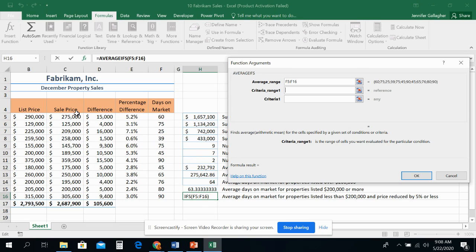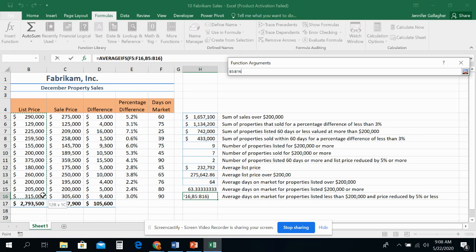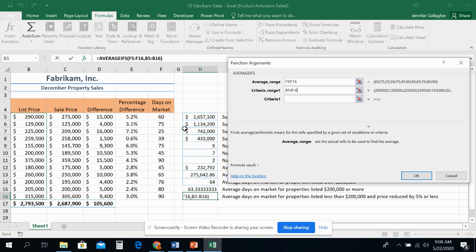So my criteria range is the list price. Remember, range is range. So you have to have a beginning cell and an end cell and a colon in between. And what is my criteria? I am looking for my houses that are less than 200,000. Okay. All right, so that's an average if.